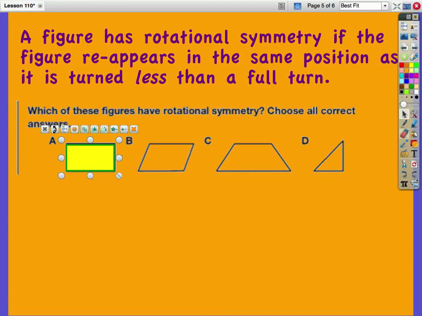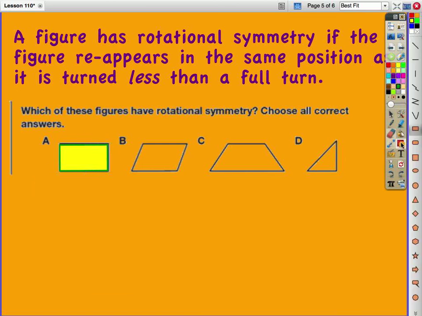If it lines up exactly the same, it has rotational symmetry. As I'm spinning, notice where my little arrows are. That's where I started, and that's the bottom. Notice it lines up here, so it has rotational symmetry, because it can go here and here. So A works. How about letter B?